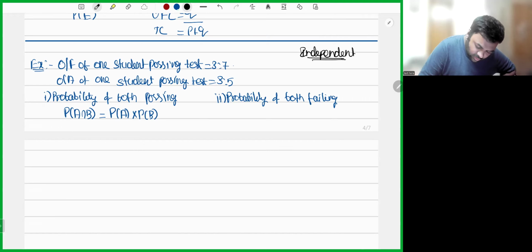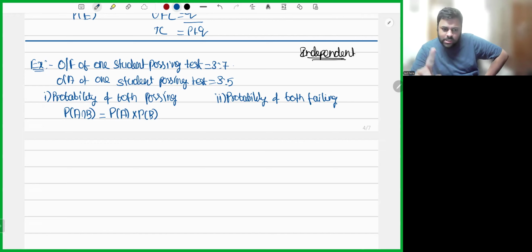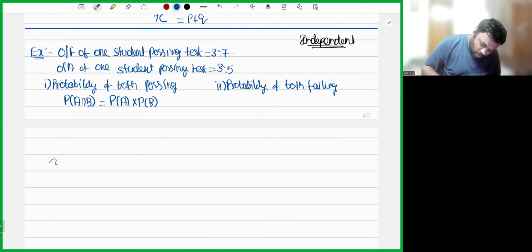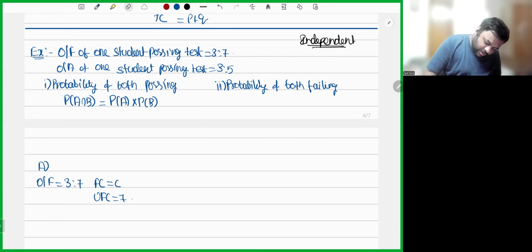Okay. Now, see here, my dear friends. Odds in favor of A is given. Odds against B is given, but probability is not given over here. So for A, odds in favor is given as 3:7, which means favorable cases are 3, unfavorable cases are 7.